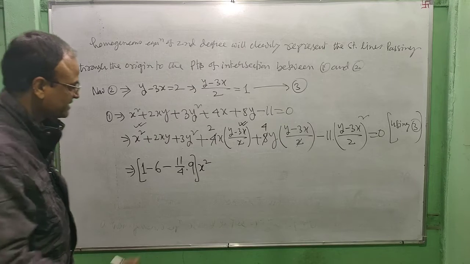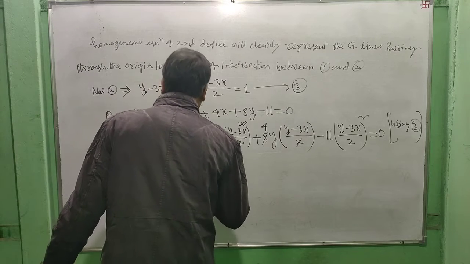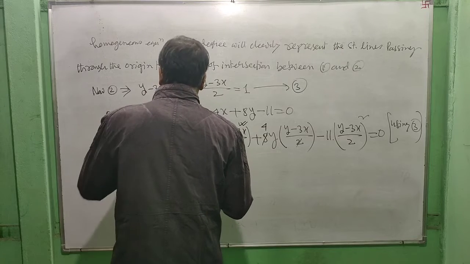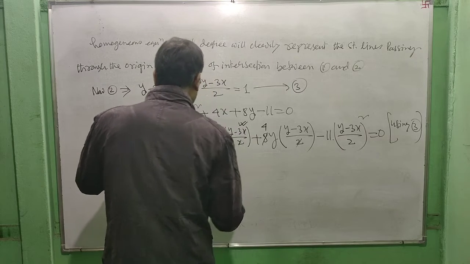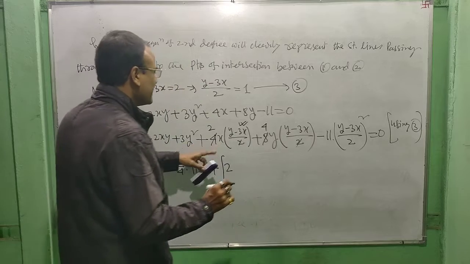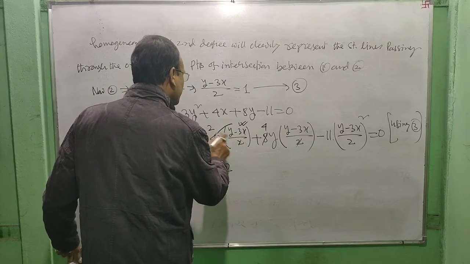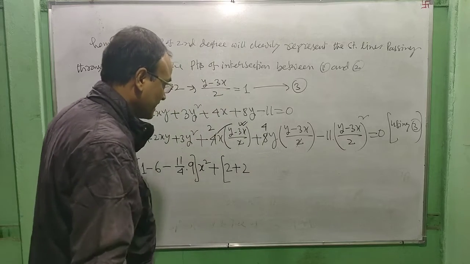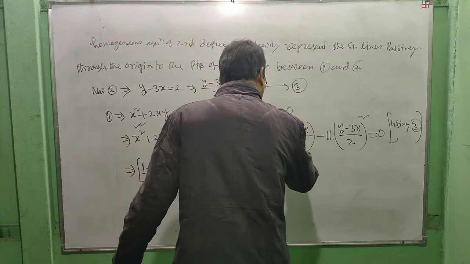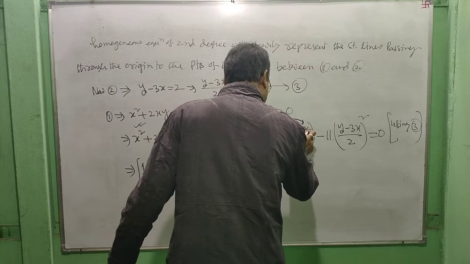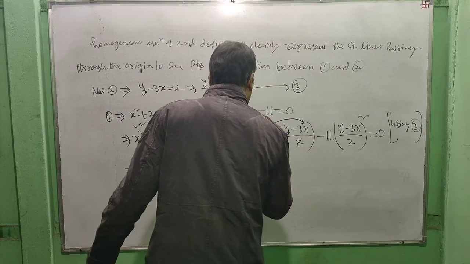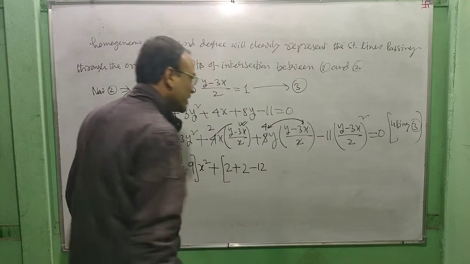The terms involving x square will be this. Terms involving xy: here it will be 2, multiply this and this, you will get twice xy, another 2. Minus 3xy into 4y, minus 12xy, you will get minus 12.